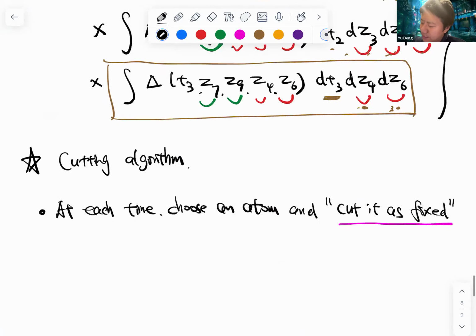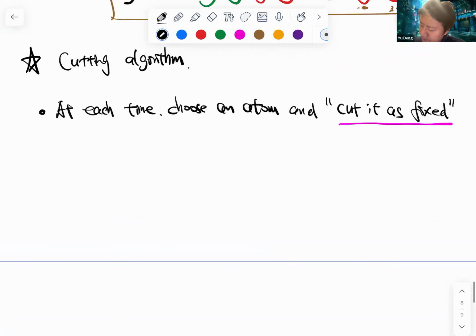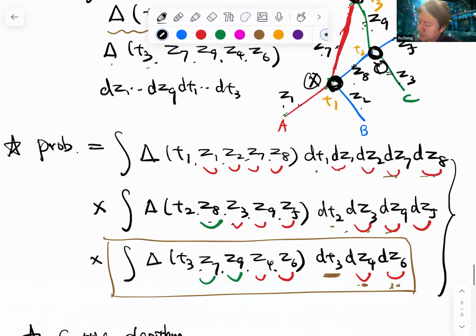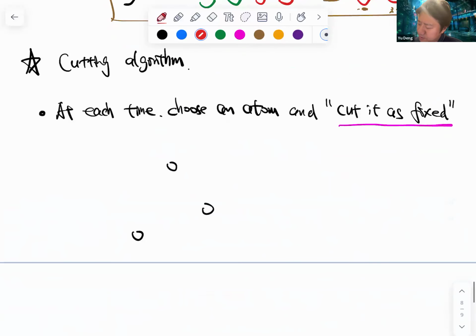Let's say we draw it again. We have this red, green, blue. So we have this.